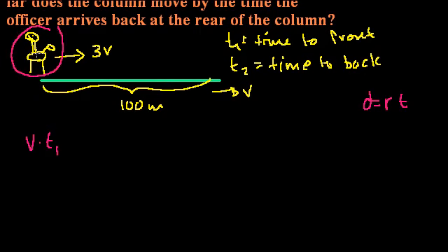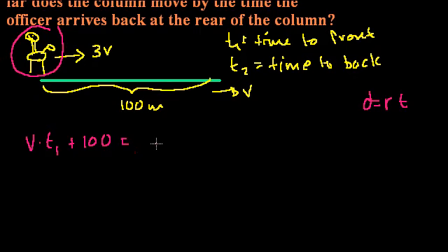He will have had to travel 100 meters further than the column, right? In order to catch up to the front of the column, he would have had to go 100 meters further than the column. So the distance that the column travels plus 100 meters is going to be the distance that the officer travels in the same amount of time. And what's the distance that he travels in that same amount of time?